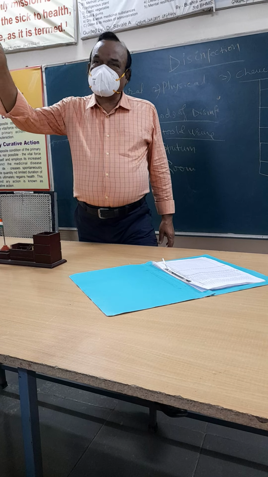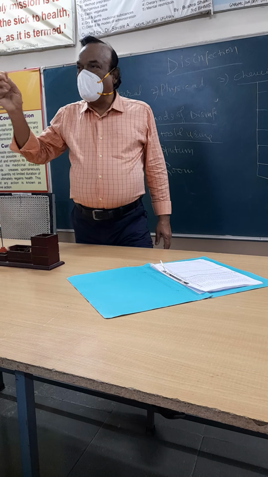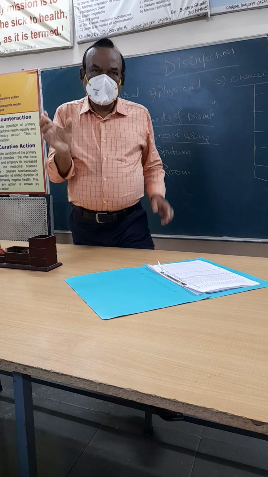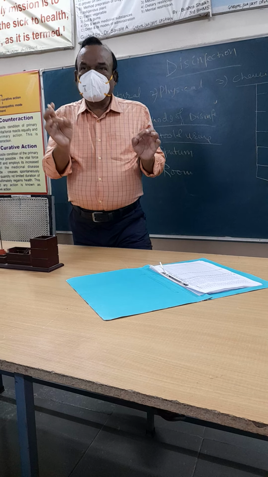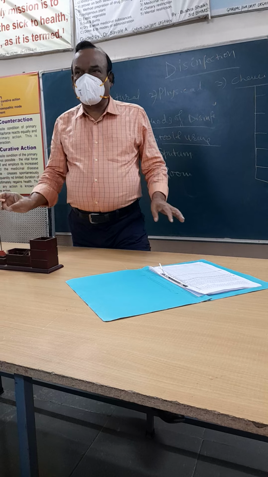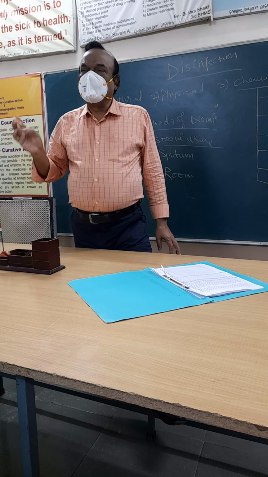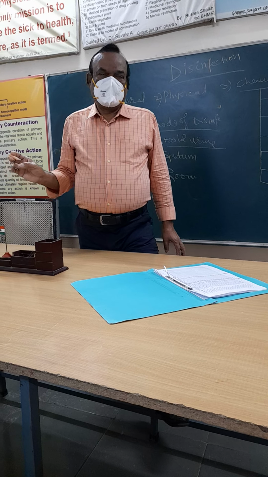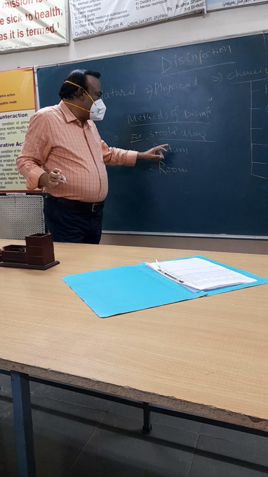Then a long stick is taken and it is stirred properly so that hard stool gets broken down into small pieces, and then that is buried under the ground, or it may be emptied into the water closet.